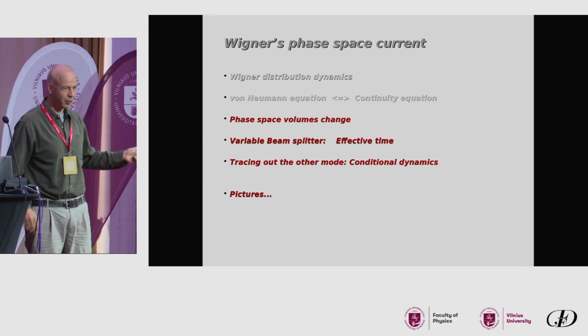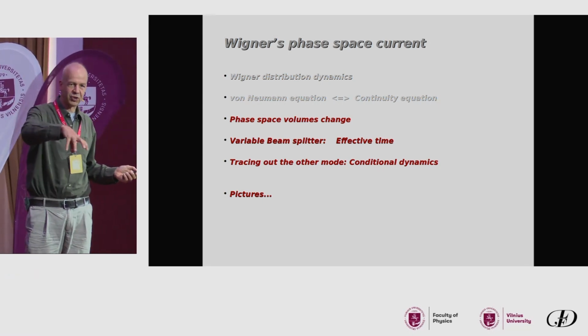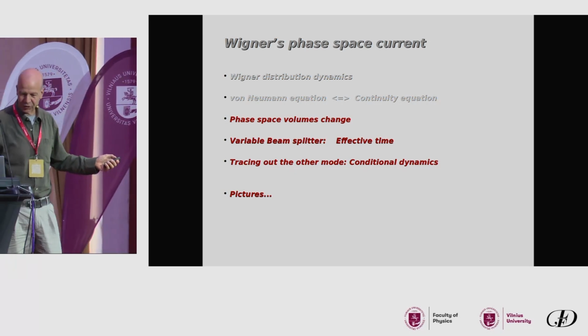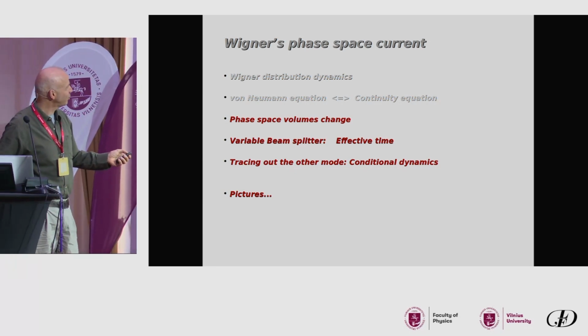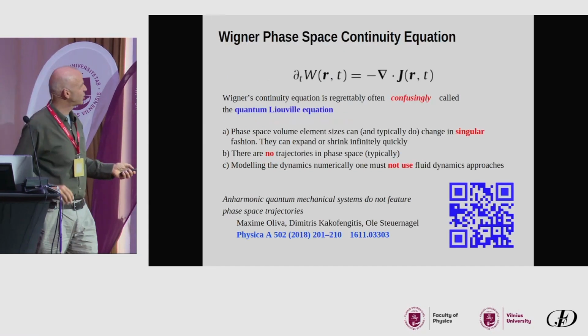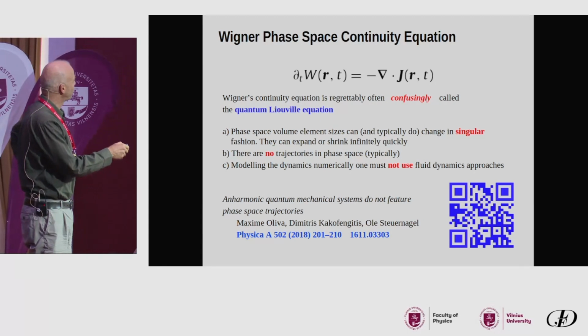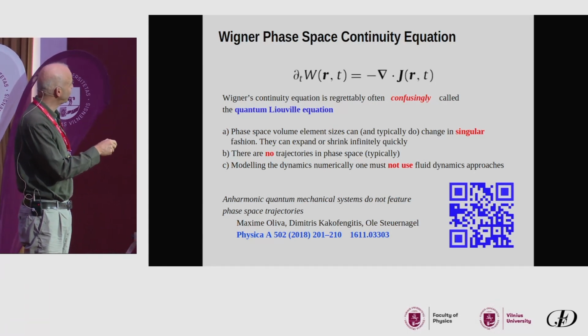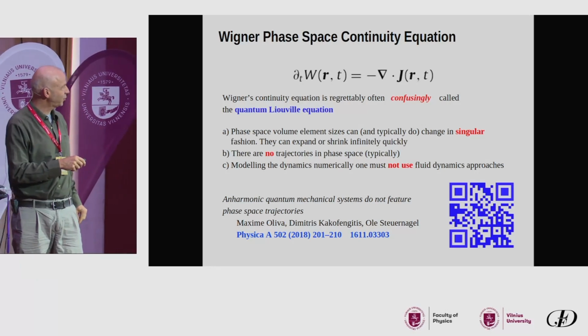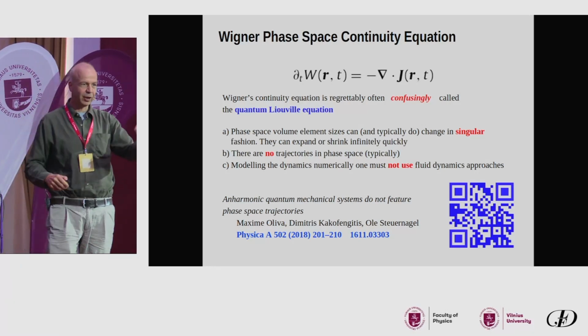Liouvillean physics, of course, is tied to the volume conservation in classical phase space, giving rise to chaos in high-dimensional systems and all that. And in quantum physics, we don't have that. The volumes can change. In fact, they can change catastrophically. So I call it, confusingly, the quantum Liouville equation, because phase space volumes actually can change in a singular fashion.